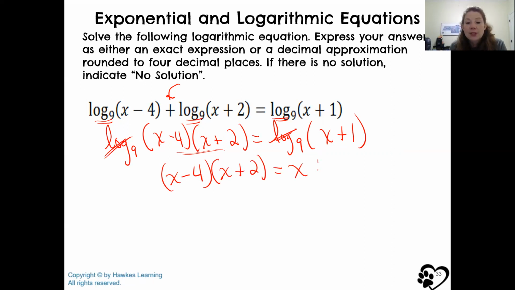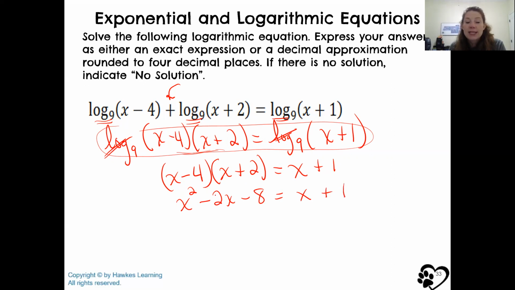And we have this expression right here. This is equal to this. So we're going to FOIL this side. So x squared, and then 2x minus 4x is negative 2x. Negative 4 times 2 is minus 8 equals x plus 1.